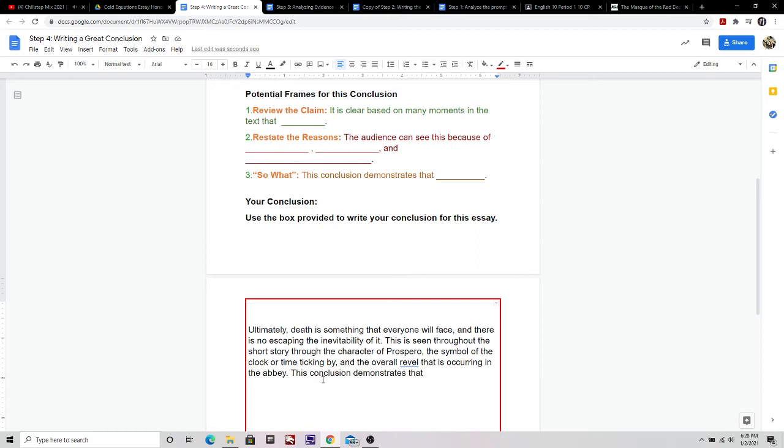So this conclusion demonstrates that people should do their best to help others because at times there is great suffering in the world that is too much for one person to bear alone.